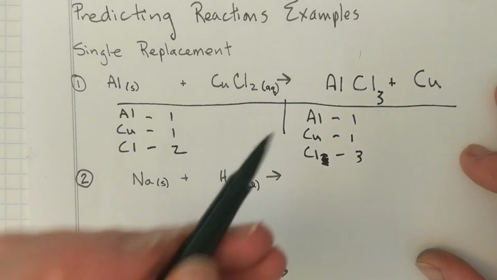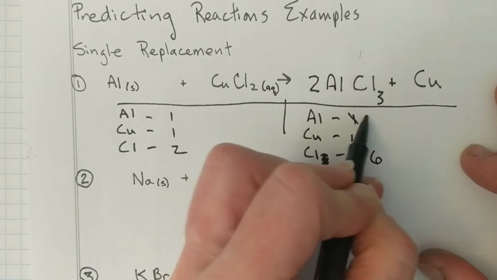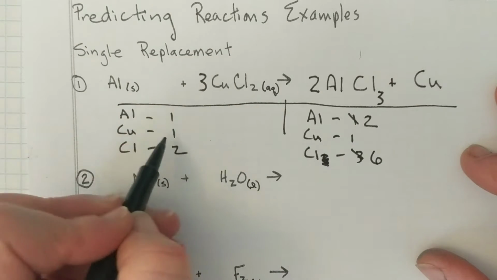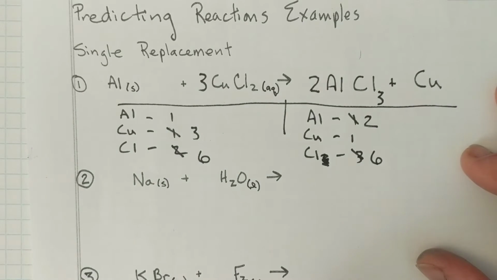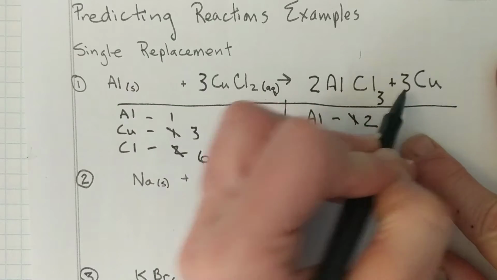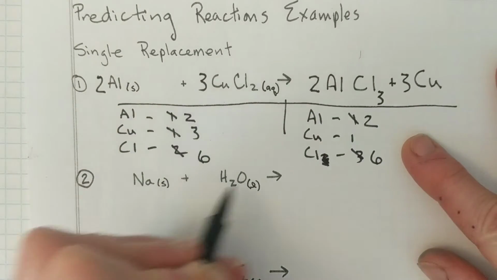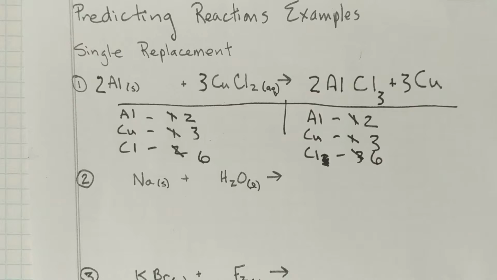Pretty quickly, I'm going to put a 2 here and make this a 6. Cl, put a 3 here, 3 and 6. Now I just have to match up my aluminums and my coppers. I have 3 and 2, and we are pretty much balanced. So that is a metal-metal replacement.